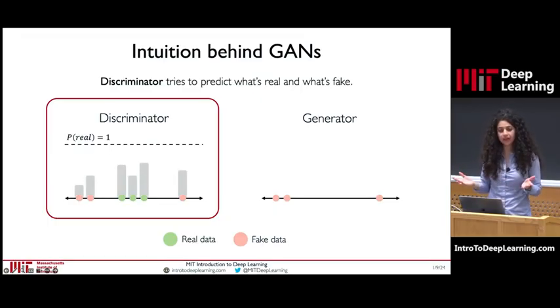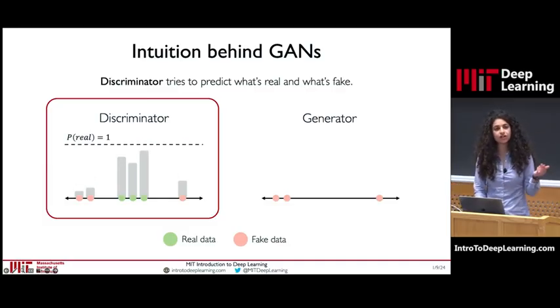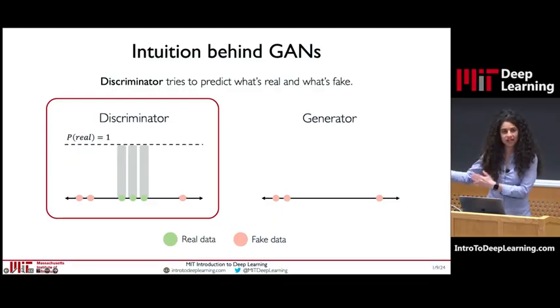And in the beginning, it's not trained, its predictions are not going to be so good, but then let's say we train it, we show it some more examples, and it starts increasing the probabilities of what is real and decreasing the probabilities of what is fake. Now we continue this, training a normal classifier model, a discriminator model, such that using these real instances and these fake instances, the discriminator is perfect.